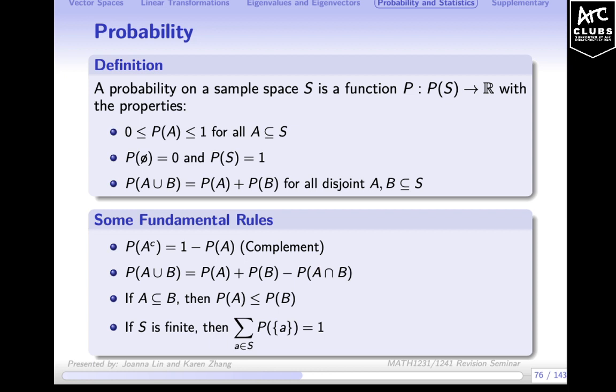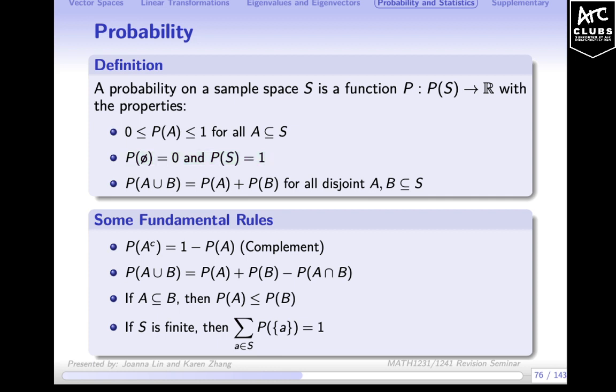The definition is given here. It's a function P where P of S maps to a real number R. Try not to focus too much on this definition, as long as you understand what a probability is. The first dot point states that probability must be between 0 and 1, which is fairly self-explanatory. The second dot point states that the probability of no event happening is 0.